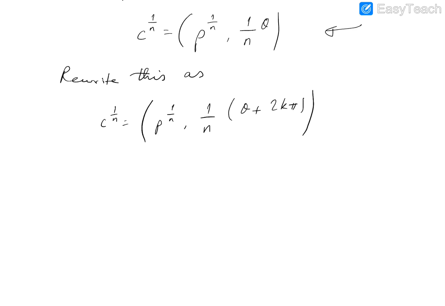Now, it turns out that there are, in fact, several nth roots of a complex number. Now, we ask the question, well, how many different solutions are there given a complex number c? How many roots are there? So we get different roots of a complex number by giving different variations to this variable k.